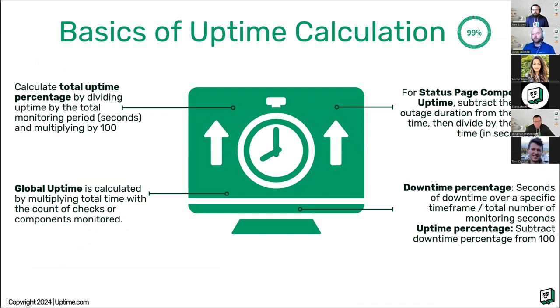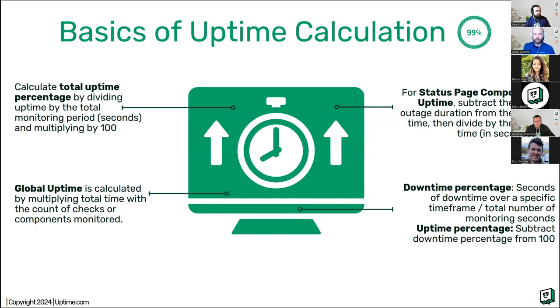So the actual basics of uptime calculation, I won't bore you by reading out a bunch of numbers to you. I'm sure that you can see what's on the slide here. Just some basics. The total uptime percentage is calculated by dividing the uptime by your total monitoring period and multiplying that by 100 to receive your uptime percentage.